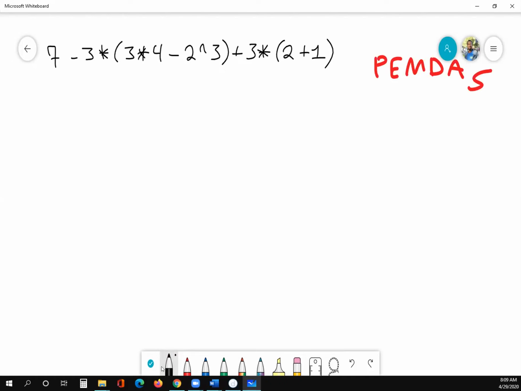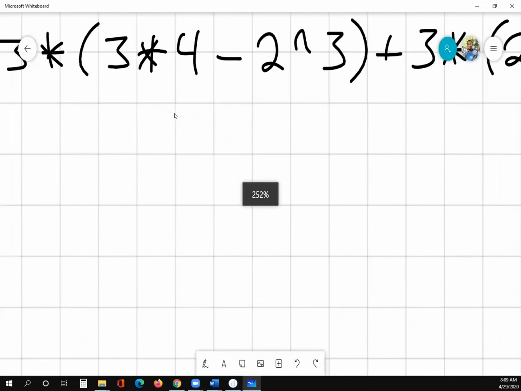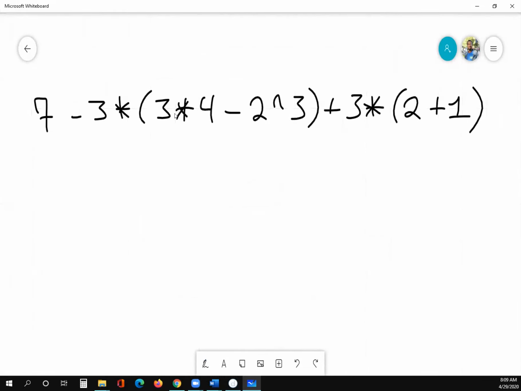So with PEMDAS, it could get very tricky. When we look at this, what is it that we could potentially mess up on? The parts that we could mess up on are not doing the operations correctly.